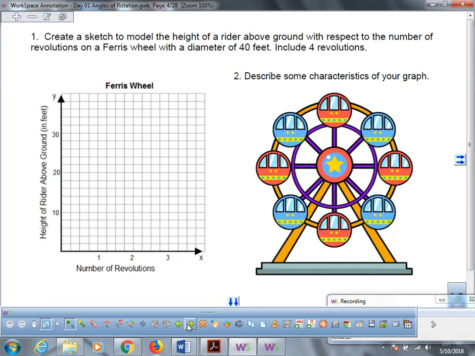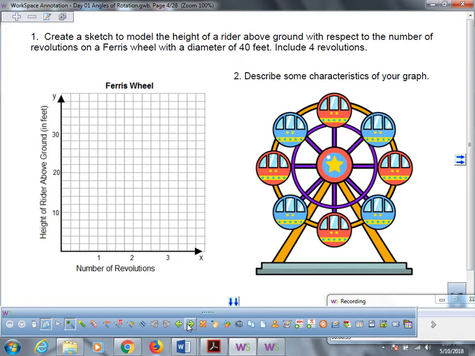All right, create a sketch to model the height of a rider above ground with respect to the number of revolutions on a Ferris wheel with a diameter of 40 feet. So this Ferris wheel is 40 feet tall. Okay. All right, so we're going to talk about the rotations.